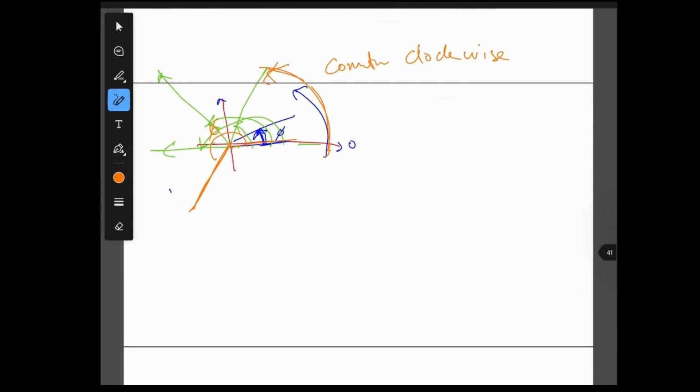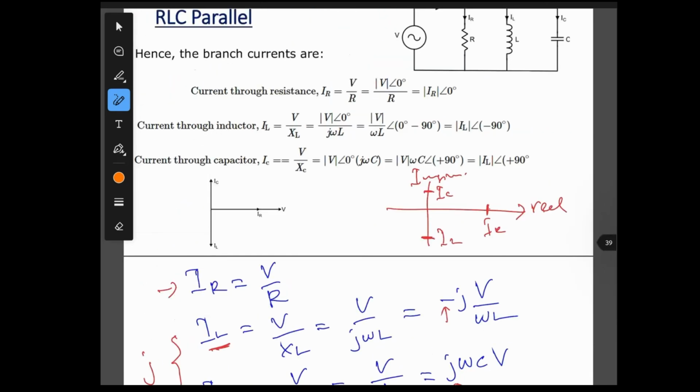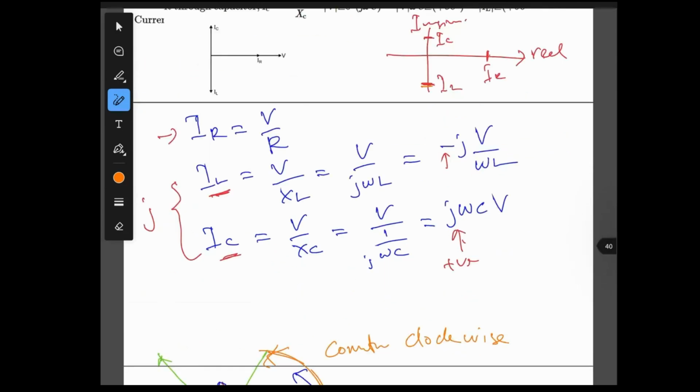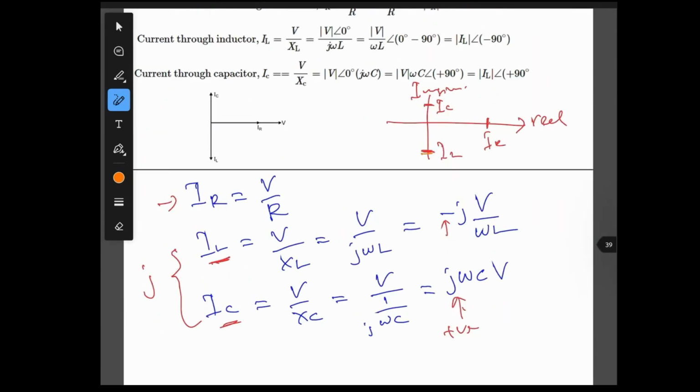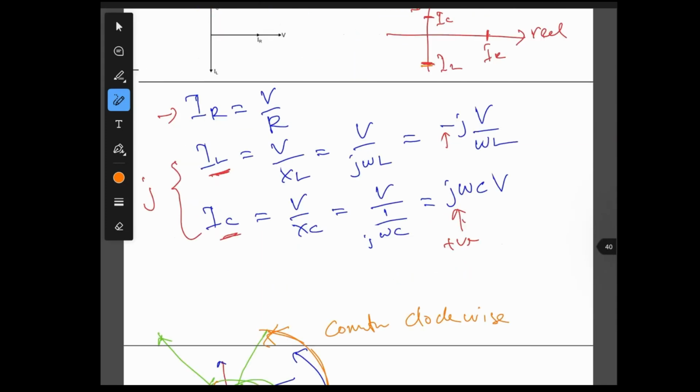For example, in our case we have RL. Look here, IL is at the bottom. This one is V, our voltage, which is on the real axis, and IL is at the bottom, on the imaginary axis.